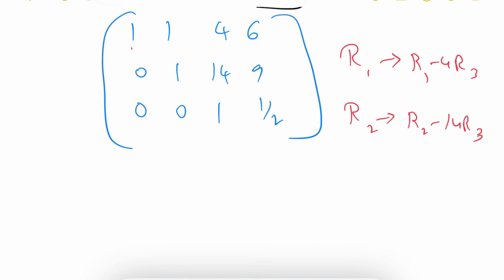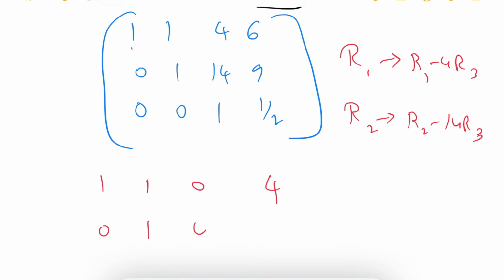Okay, let us do now. First row, R1 minus 4R3, right? So then it will become 1 1 0, 6 minus 4 into half, it will become 4 then. Okay, done. Next, second row, R2 minus 14R3: 0 1, minus 0 into anything also 0 only, so 4.